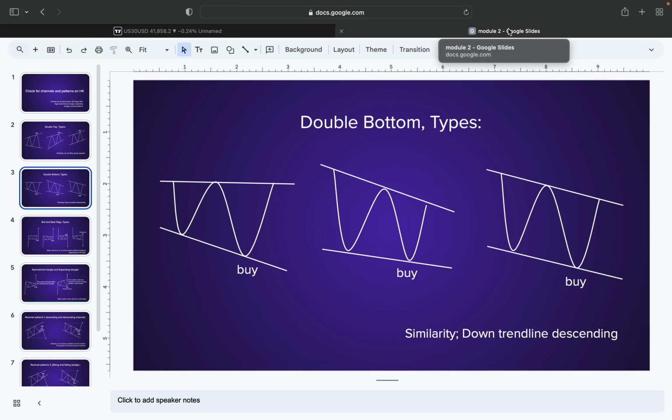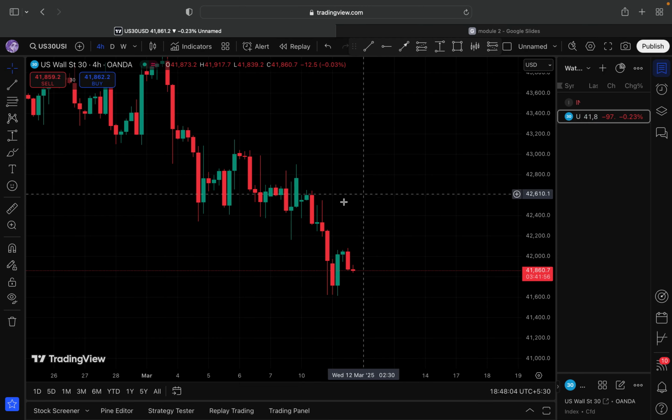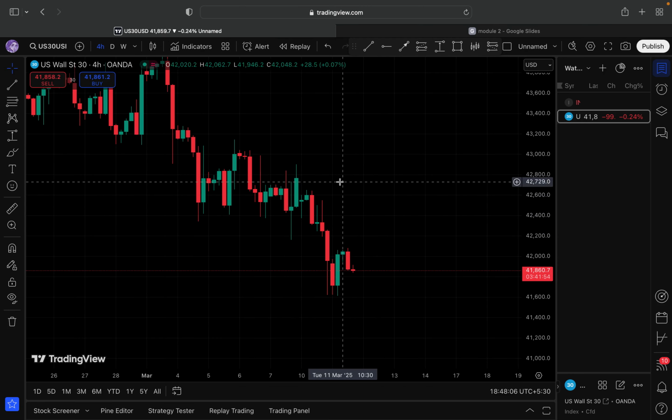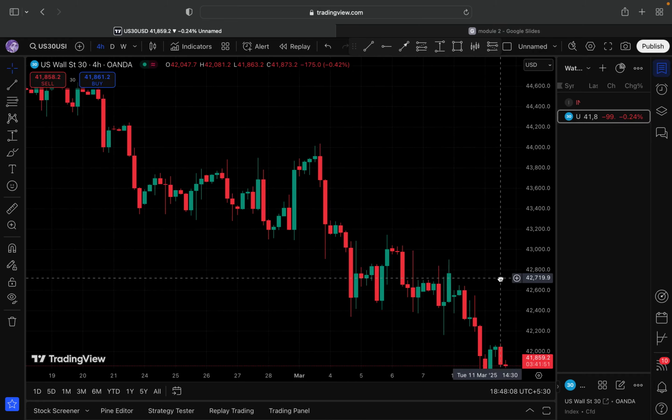Now I want to let you know that there is a common similarity when trading double bottom, which is the downtrend line descending. If you check out all the live market patterns which I just showed you, you can go back to the video and see that in all the double bottoms, the downtrend line was descending.